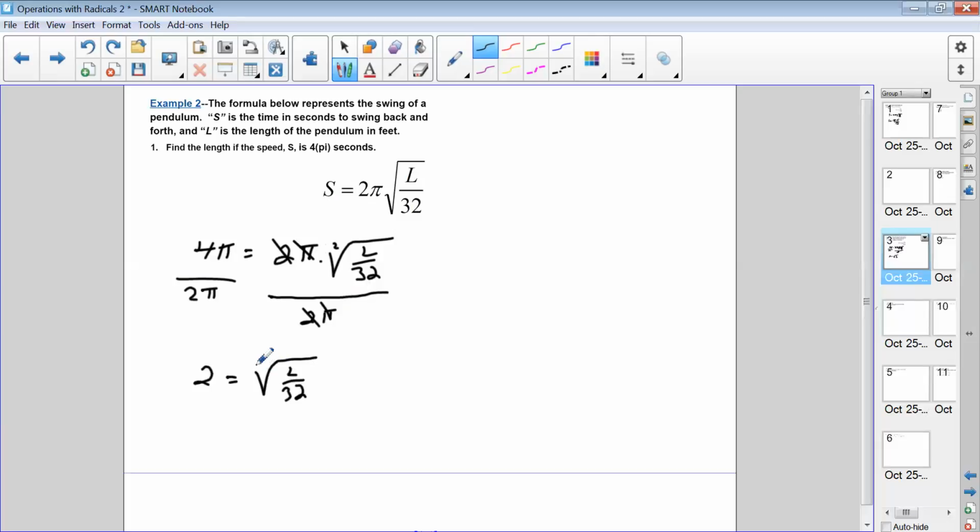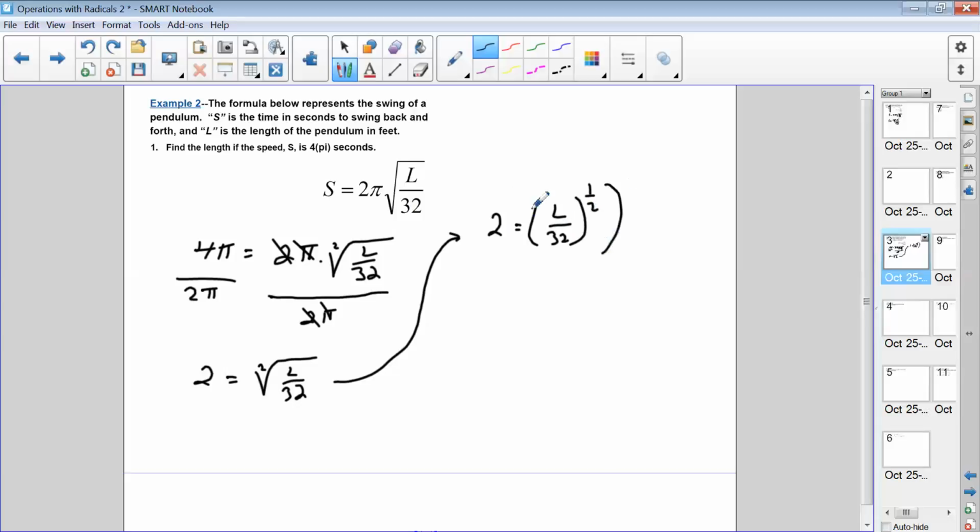Again, since it's a square root, remember, the radical form can be written in rational form. So I'm going to rewrite it as L divided by 32 raised to the 1/2 power. Well, I want to solve for L, which means I've got to create this power to be 1.